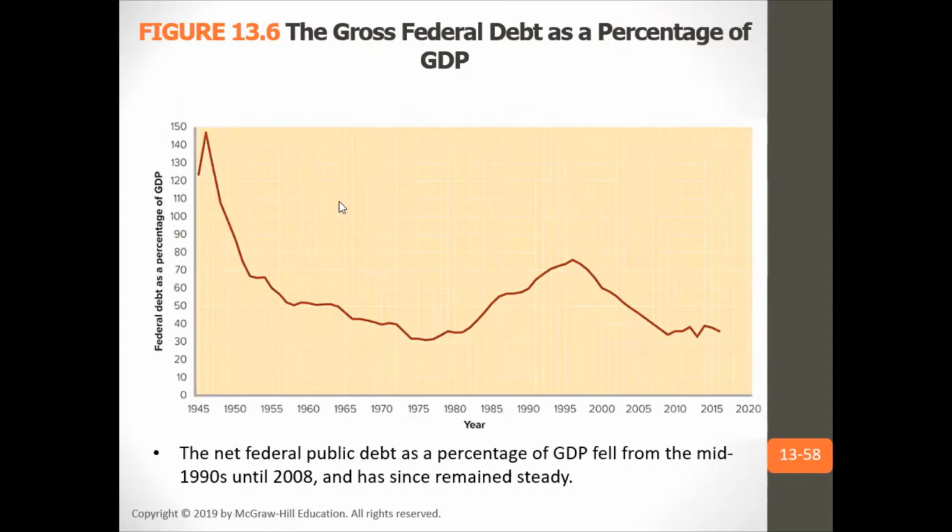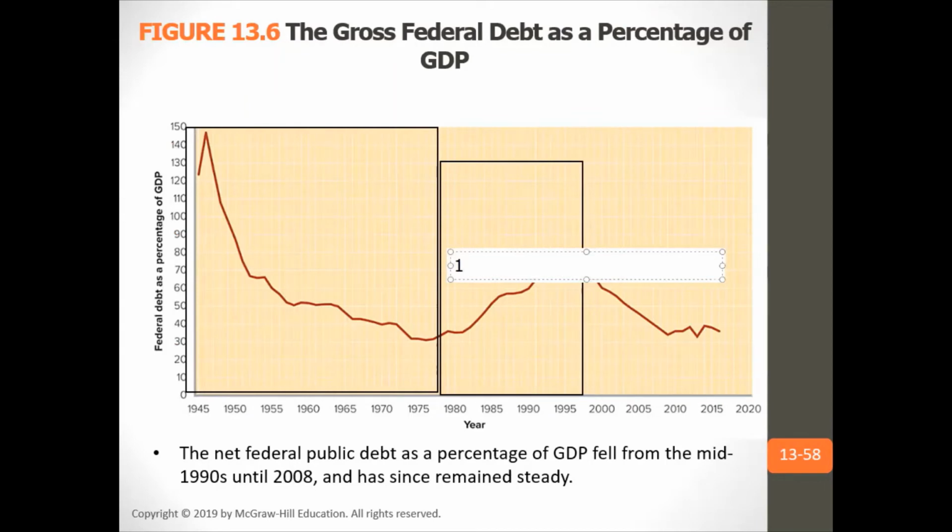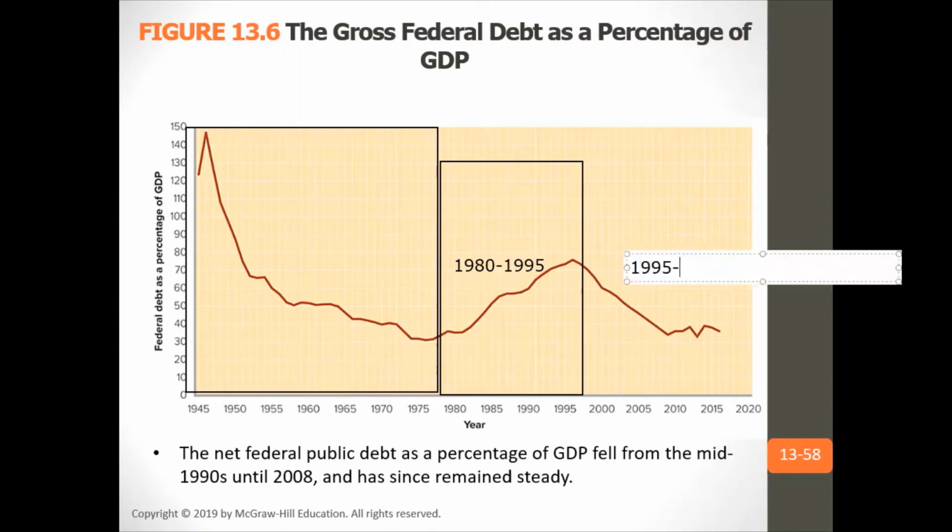So the debt as a percentage of GDP was reduced during this period, so the Canadian government brought it down. Then it went up from around 1980 to about 1995, and then it went down again from 1995 to about 2010.